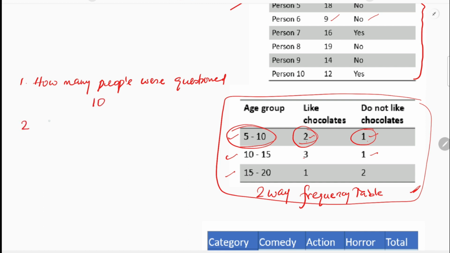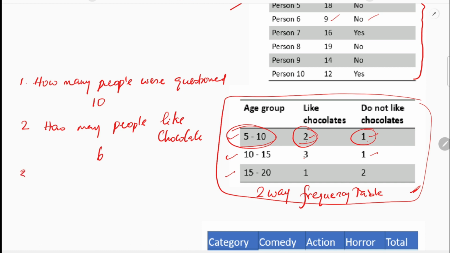How many people like chocolate? 2 plus 3 plus 1, 6 people like chocolate.